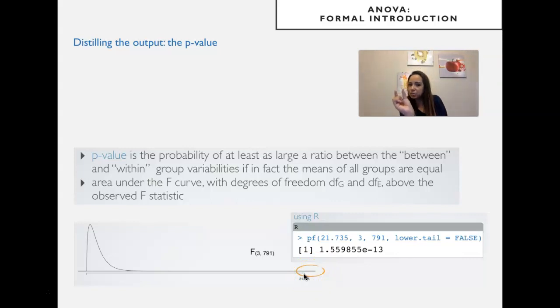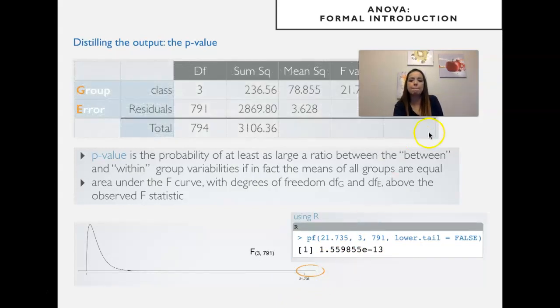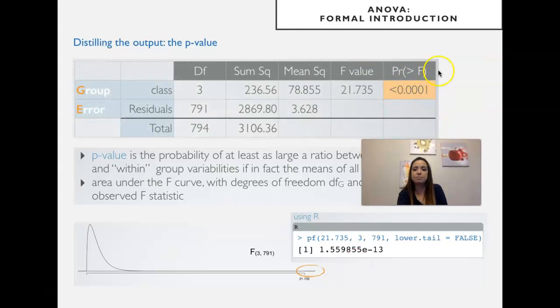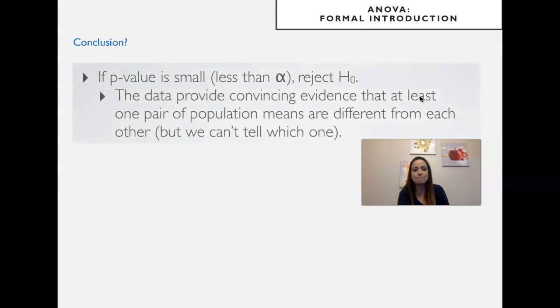It's the tiny little tail above that value because it's the probability of getting an F ratio that is this magnitude or larger, okay? So that probability is less than 0.0001.